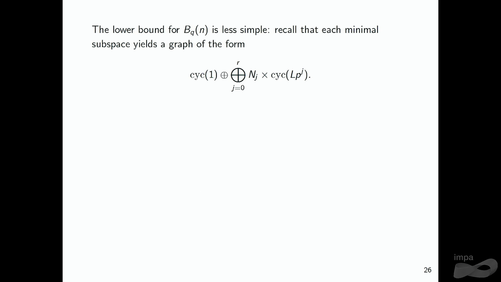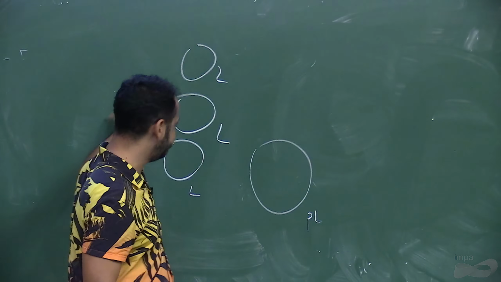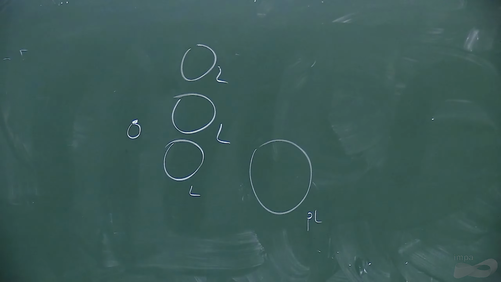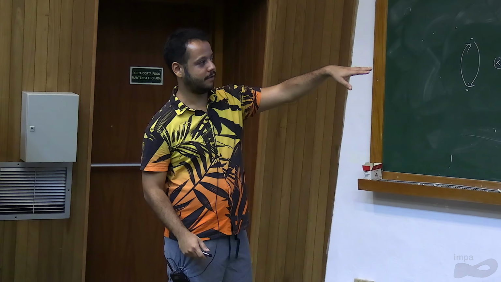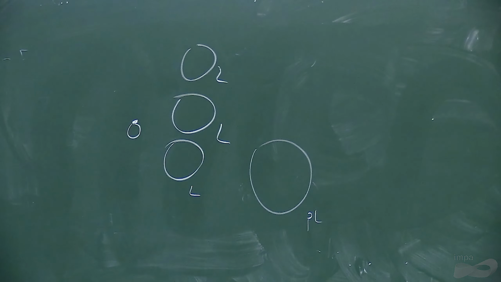Okay, now the lower bound is more complicated because if I consider each minimal invariant subspace, I'll have something like this: a loop and then some cycles of length L, and then cycles of length L times a power of p, right? So if I have at least 3 different cycle lengths, when I tensor these, it can become much more complicated.